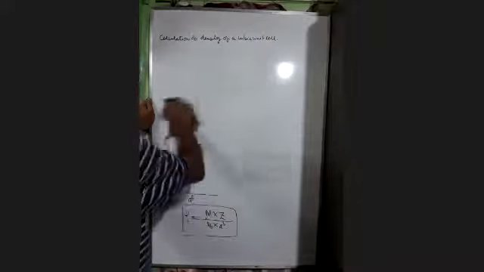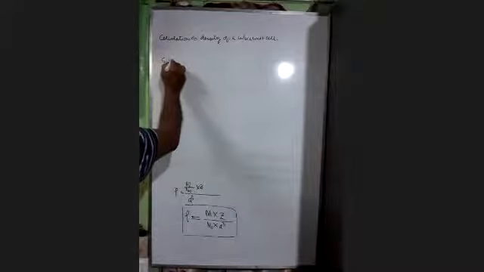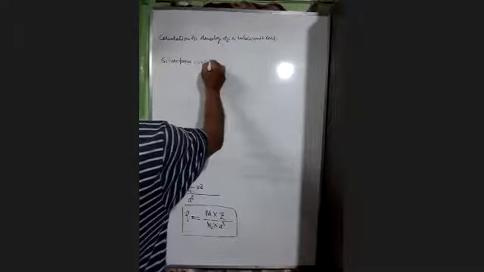Done, sir. Okay, so now we'll do the numerical. Silver has a CCP lattice.